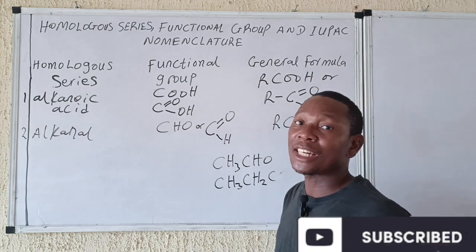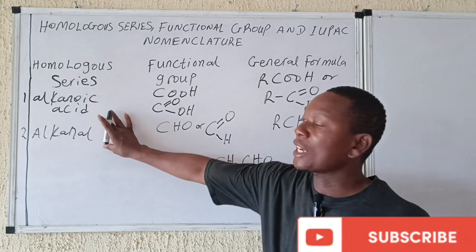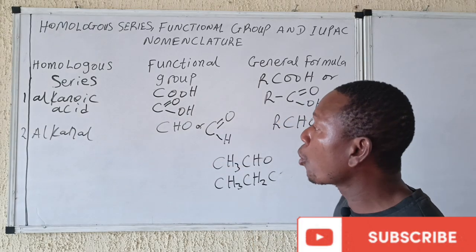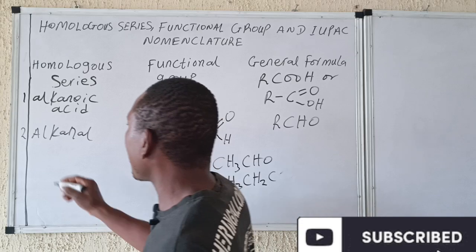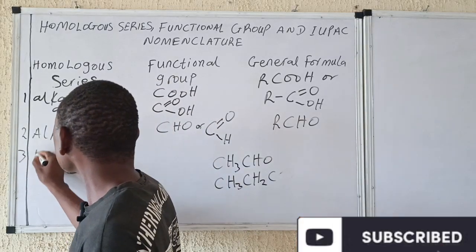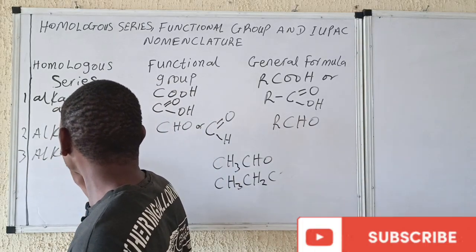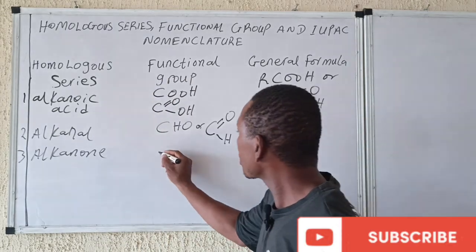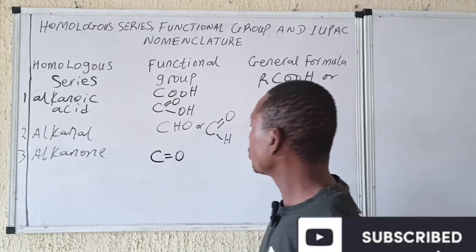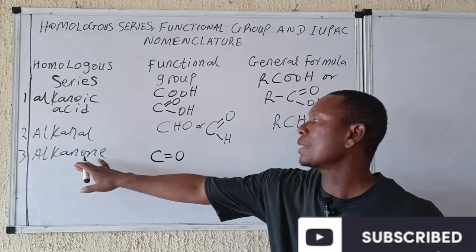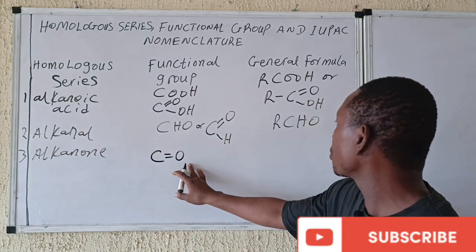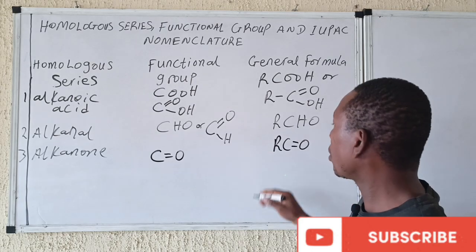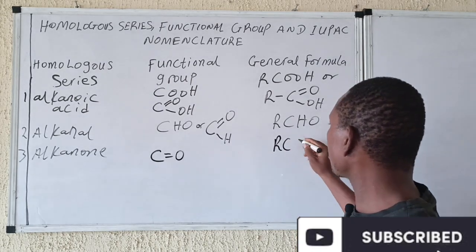The next functional group we're going to talk about is the alkanone, which is generally regarded as the ketones. Remember, alkanal is called the aldehyde, and alkanone is called the ketone group. So we have the third group, alkanone. Their functional group is CO. Take note, alkanone or ketone, and their functional group is CO. So the general formula is ROCO, or you can just see it this way, ROCO.